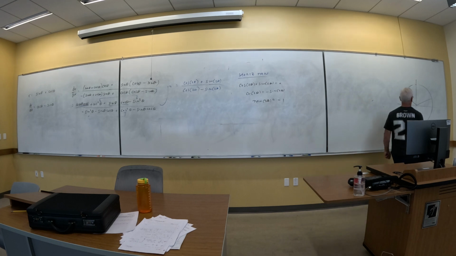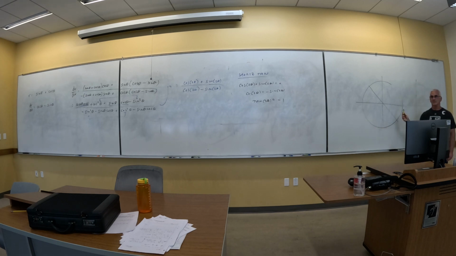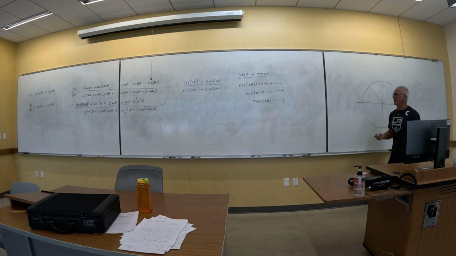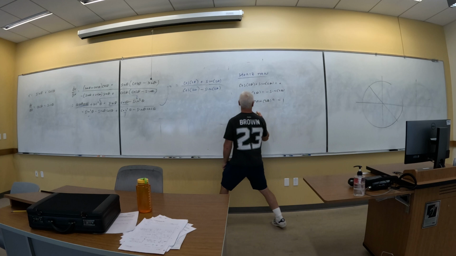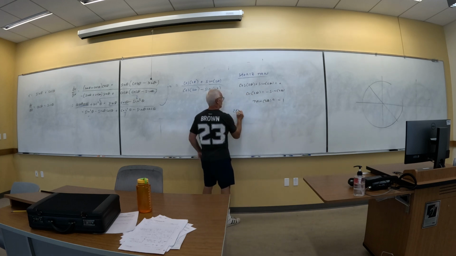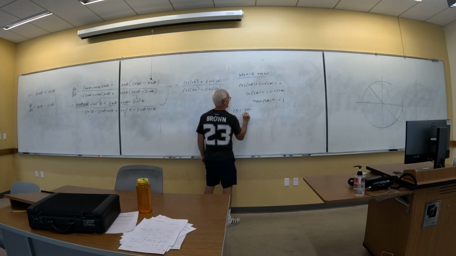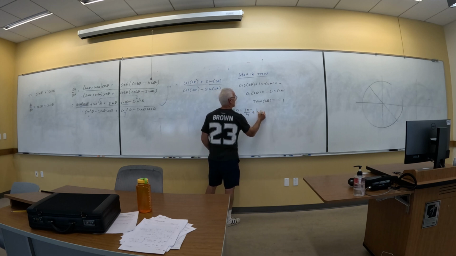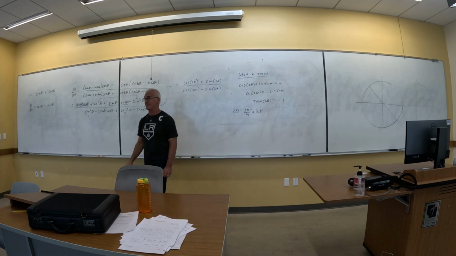There's 2 places. So 3 pi over 4 and 7 pi over 4, if I'm keeping it between 0 and 2 pi. Or you can just say it this way: 2 theta is 3 pi over 4 plus every multiple of pi forever and ever.